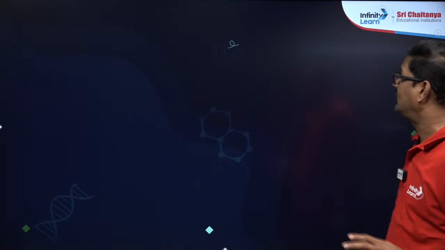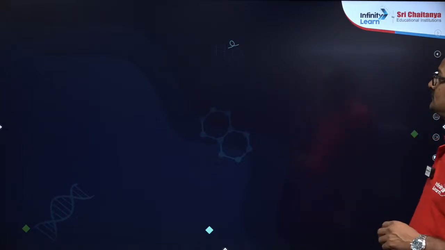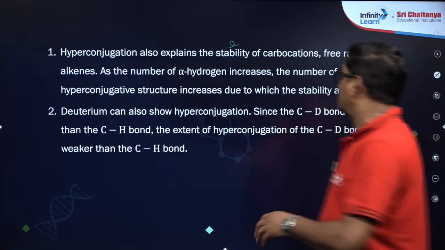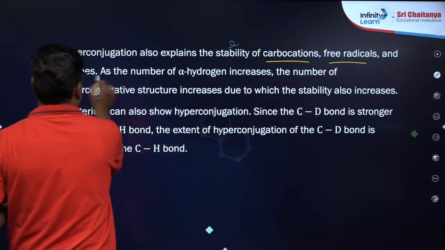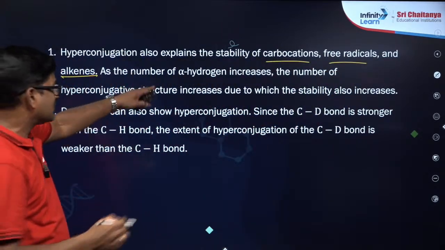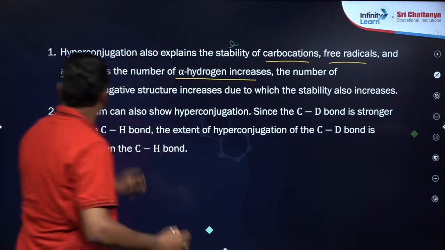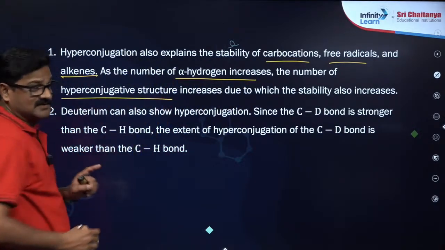And moving ahead, hyperconjugation also explains the stability of carbocations, free radicals and alkenes. As the number of alpha hydrogens increases, the number of hyperconjugation structures increases.